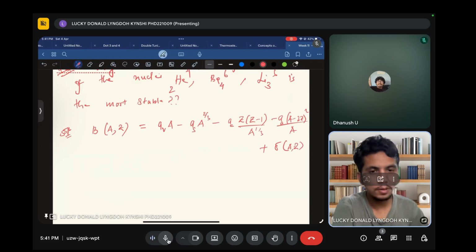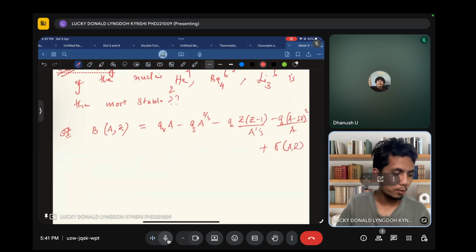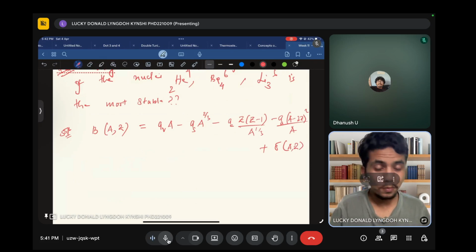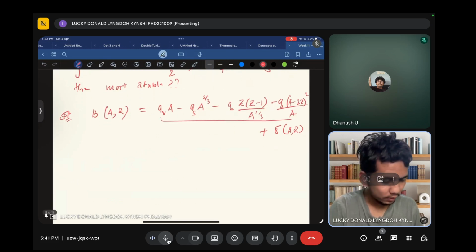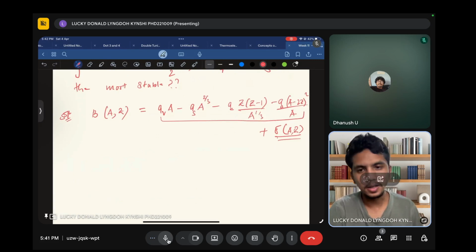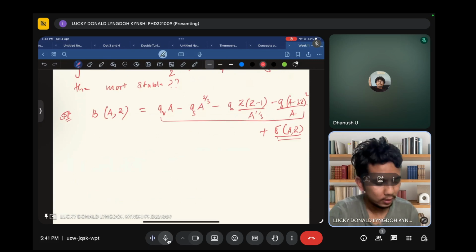The parity term depends upon whether the numbers of protons and neutrons are even or odd. This is what we have seen previously. I will show you the values of this parity term.